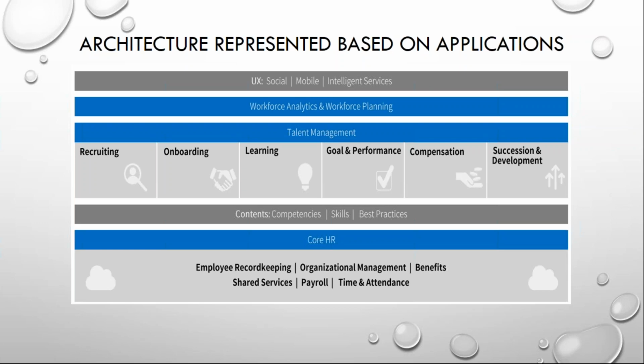Then comes the talent management module, which sits above Employee Central, gets data from Employee Central or the core HR layer, and processes information on recruiting, onboarding, learning, goals, compensation, and succession.